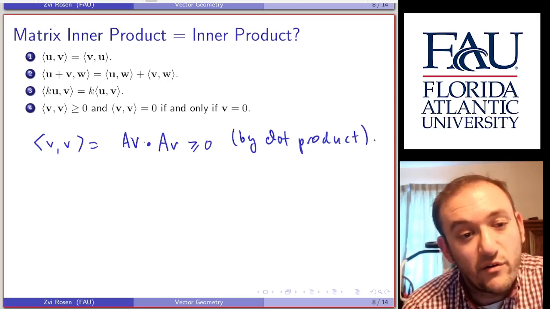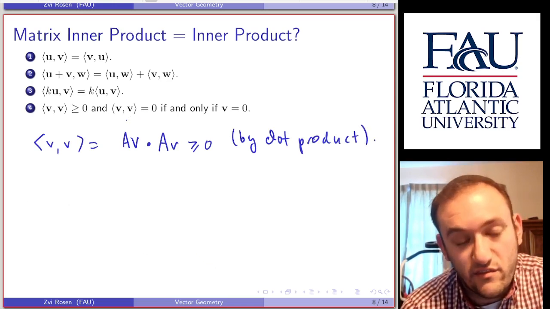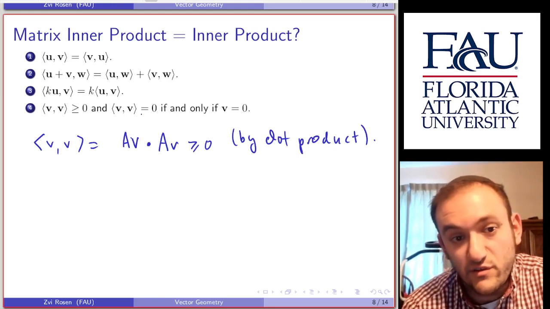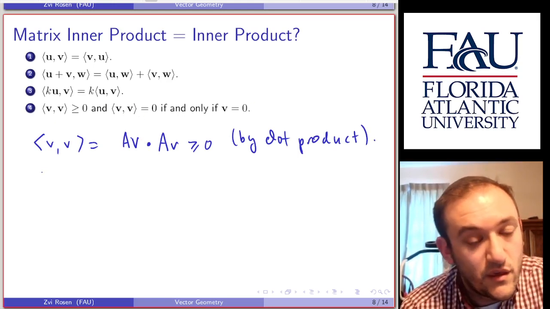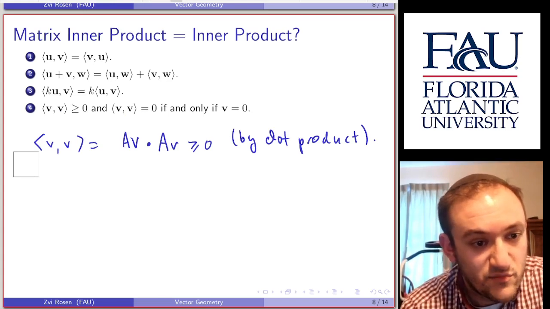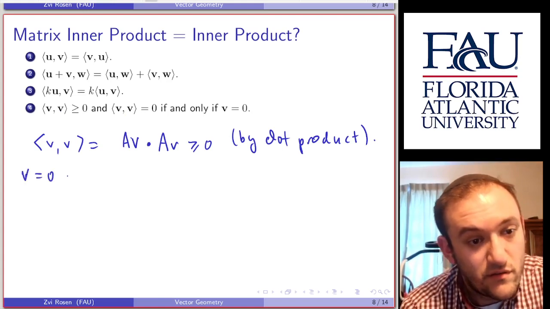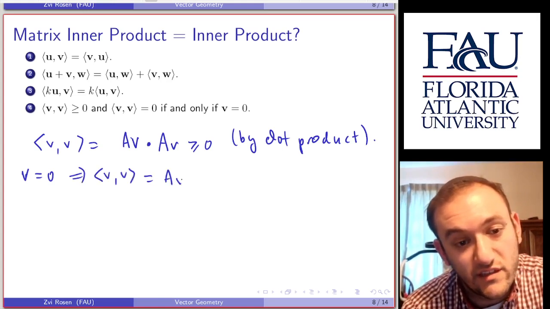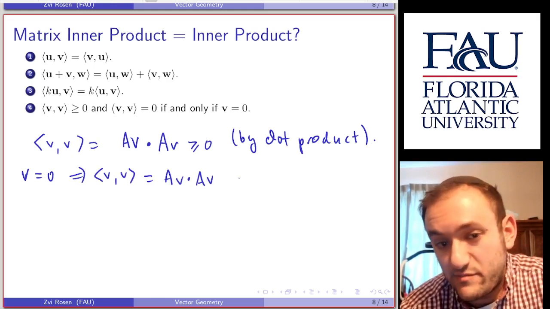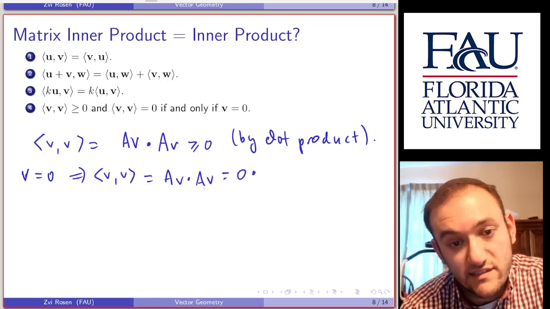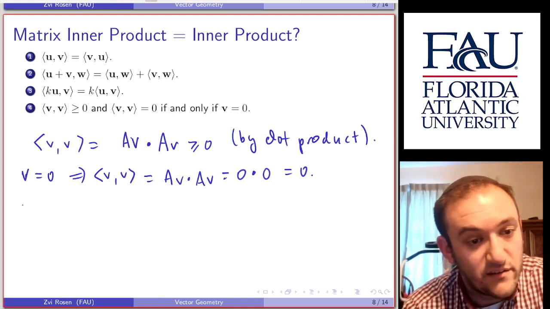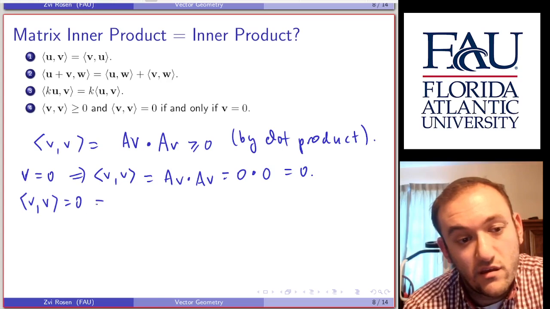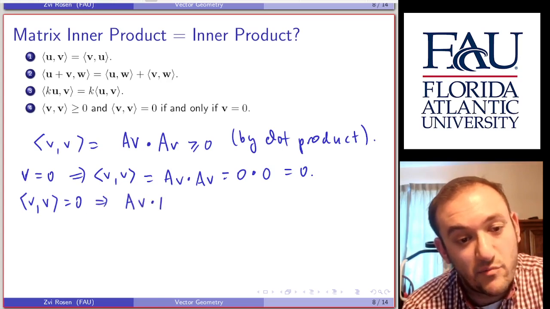Well, how do I know that ⟨V, V⟩, the inner product of V with itself, equals 0 if and only if V equals 0? First of all, let's assume that V equals 0. Then the inner product is equal to AV dot AV, but any matrix times the 0 vector is 0. So this is just 0 dot 0, which is 0. Okay, that's fine. So how about if we know that the inner product is 0? Well, that means that AV dot AV equals 0.